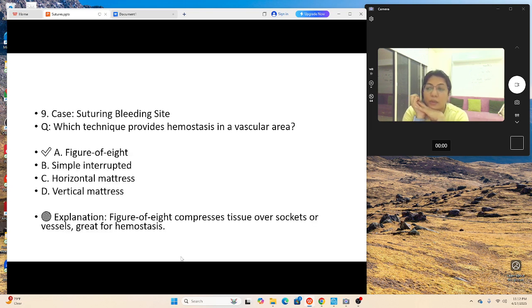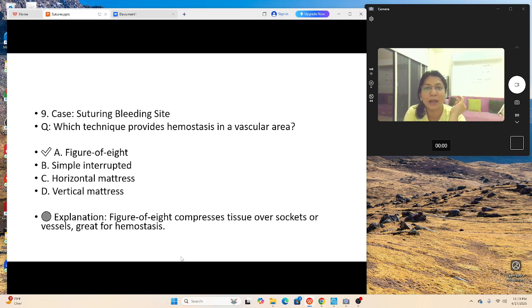Which technique provides hemostasis in a vascular area? Oh yeah, this is nice. Have you done figure of 8 suture at least once in your life? I'm not talking to the oral surgeons here, I'm talking to the dental graduates. When I had oral surgery, we used to practice on those pillows, and we had to show our instructor that we had made the sutures.